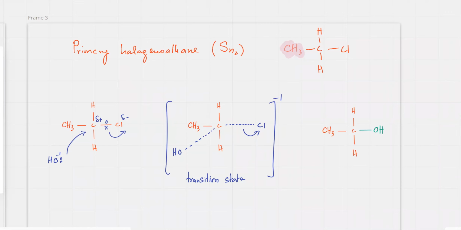That's it. So your entire mechanism is now complete. Remember, it's a one-step reaction. All the reaction happens in exactly one step.